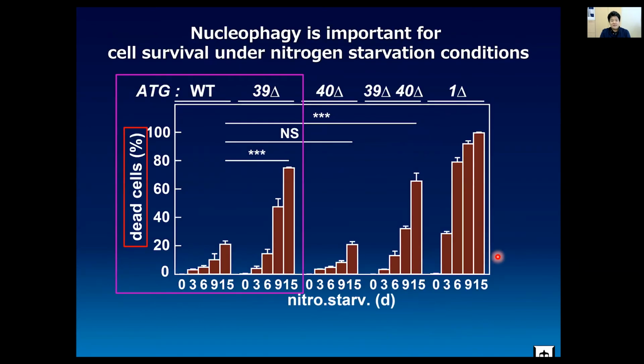We also found that yeast cells deficient in selective autophagy of the nucleus, or nucleophagy, die earlier than wild-type cells during nutrient starvation, demonstrating the physiological significance of nucleophagy in the maintenance of cellular homeostasis under nutrient starvation.